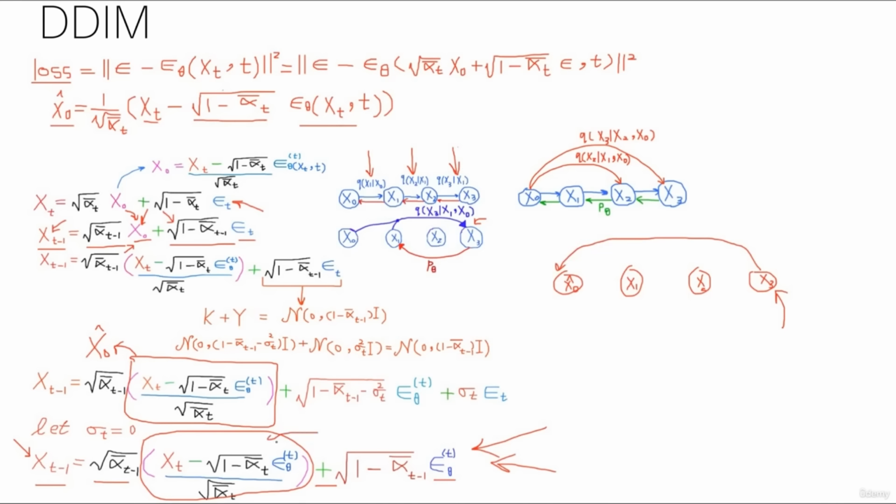So now we are at time step 0, and now we have this predicted x0. It is not good because we need to move a few time steps to make it better, but now we are at time step 0.